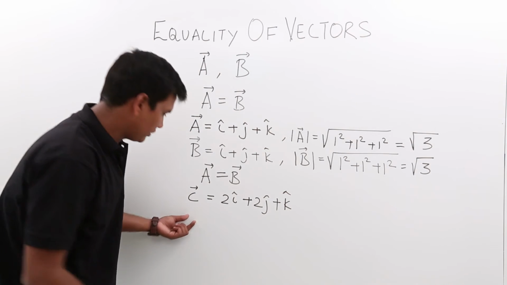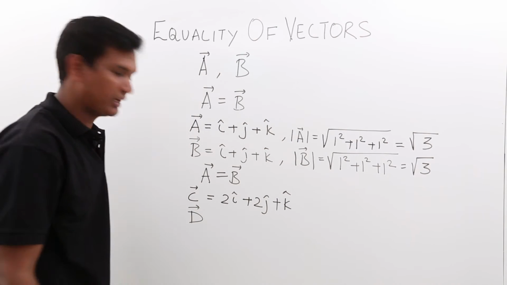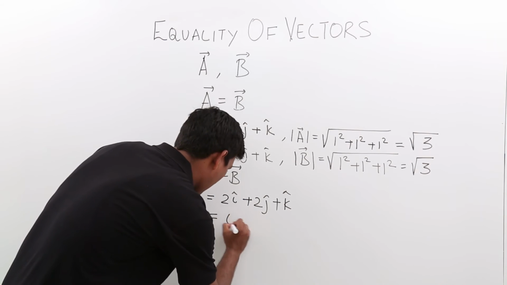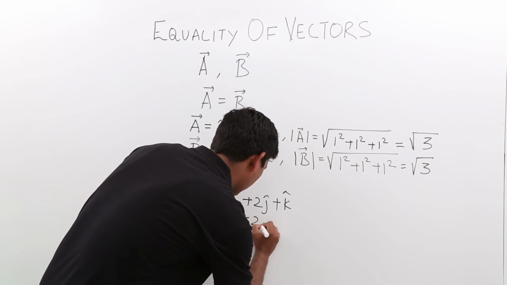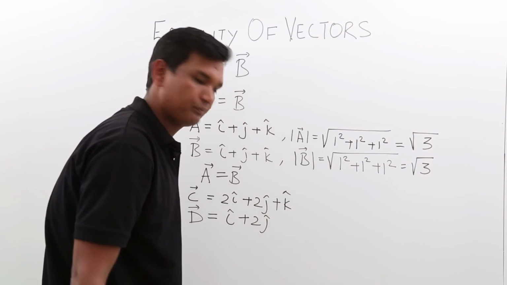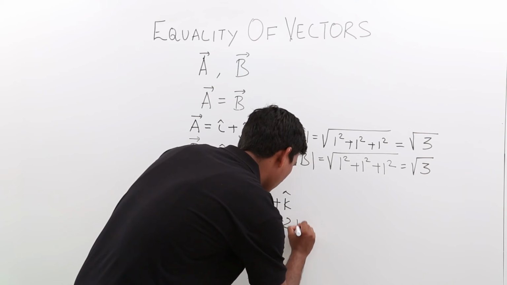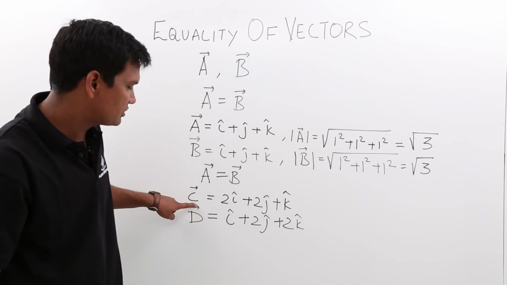Let us take another vector called d vector, which would be given by I cap plus 2 j cap plus 2 k cap. Now what would be the magnitude of c?